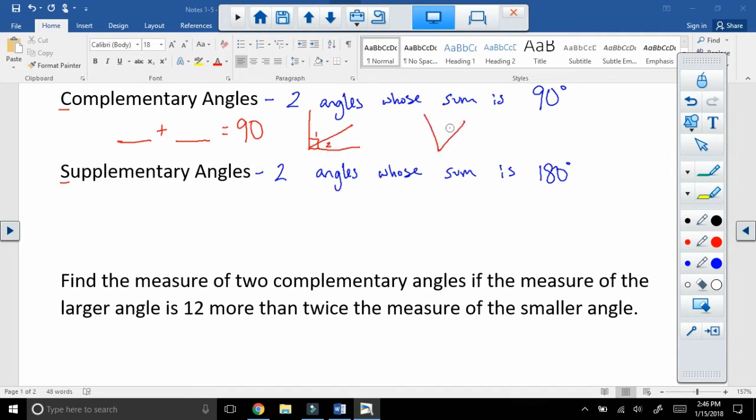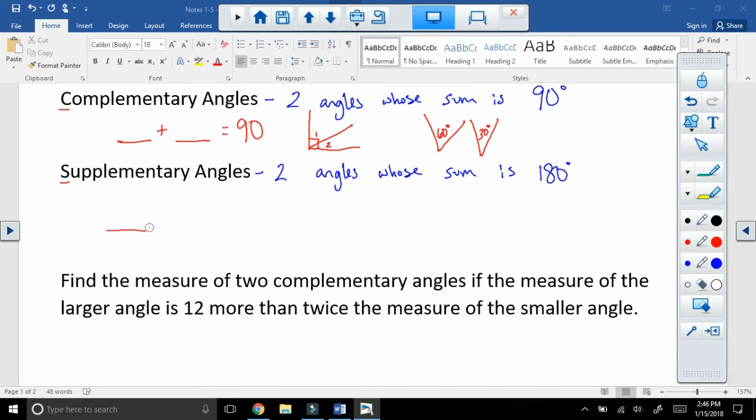We could have, let's say this angle is 60 degrees, and this angle here is 30 degrees. Well, those would be non-adjacent complementary angles. So it's not like it always has to be like this or always has to be like that. The sum just always has to be 90 degrees.